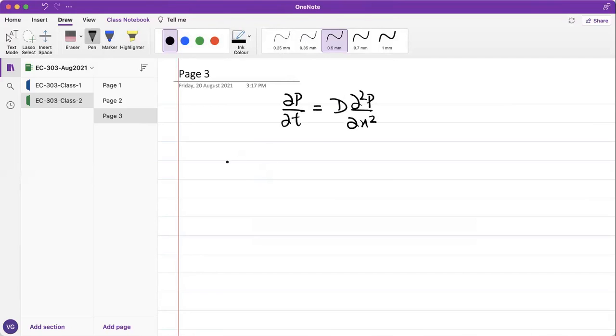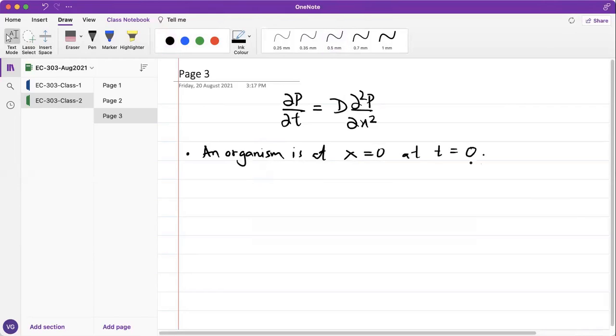So now the scenario that many of us are often interested in is something like this: an organism is at a given location at time t0. And then we want to know how this spreads. Given this, what is the probability density of the animal being at location X after a very long time?